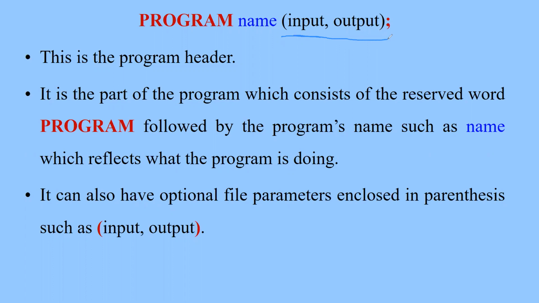So if you are going to make use of a keyboard or any other inputting device, or a monitor or any other outputting device, then you need to include this part within your program header. But if your program is not going to make use of any input or display anything or give out any output, then you can leave out this section of your program.